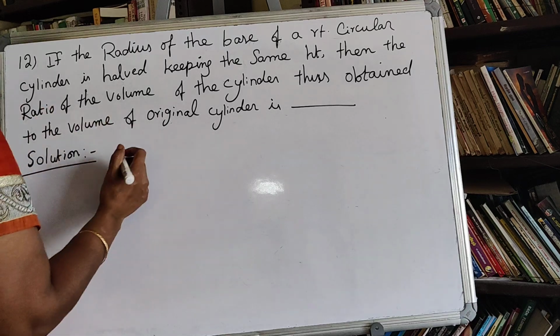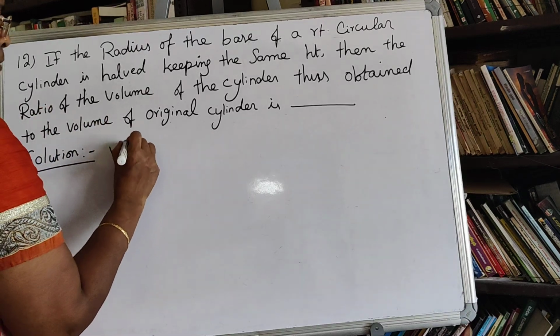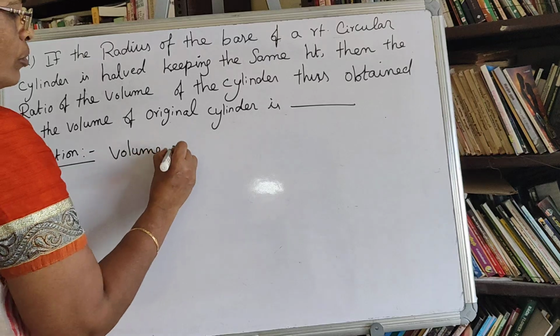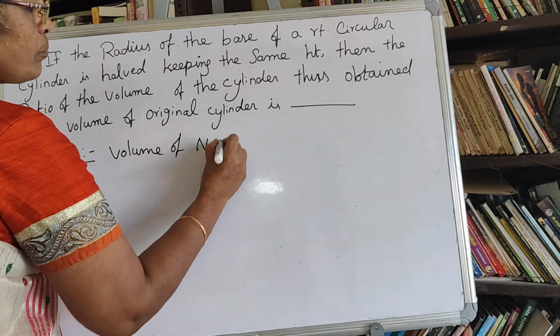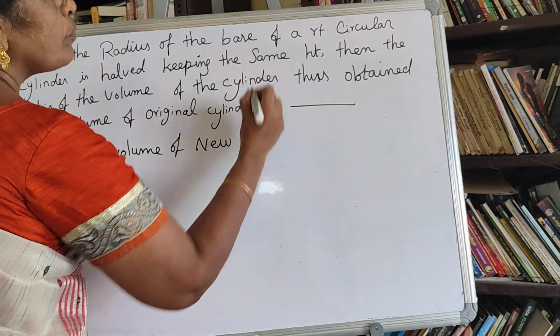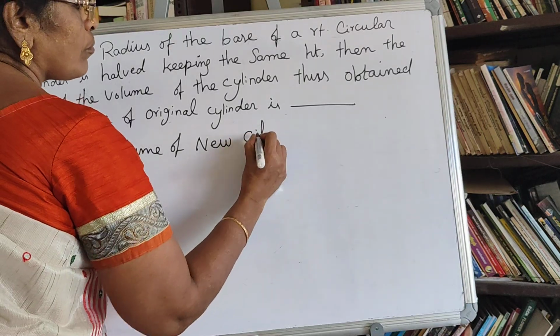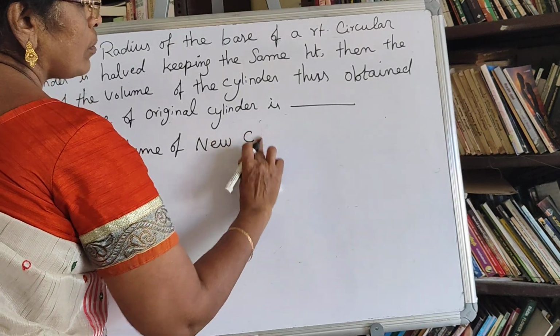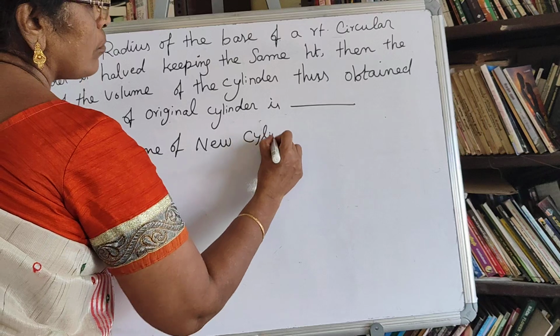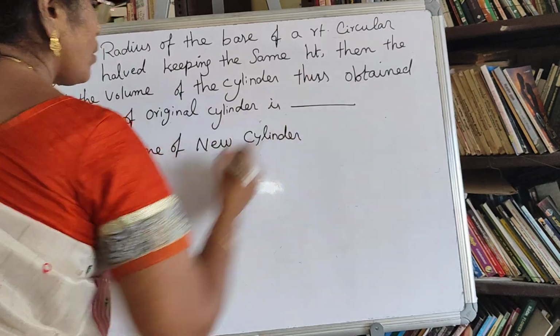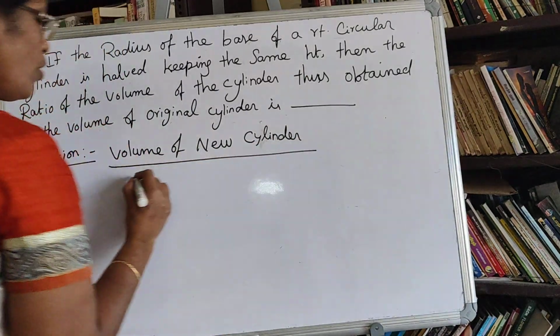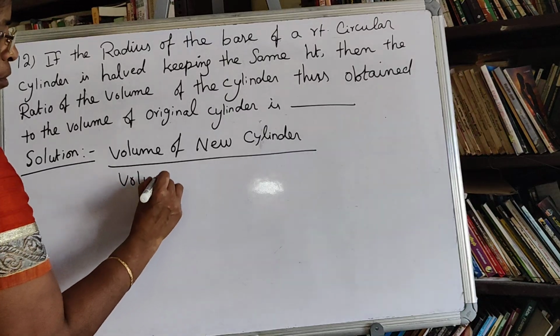Solution: volume of new cylinder by volume of old cylinder.